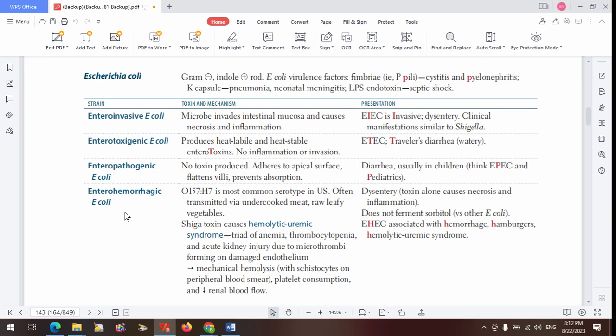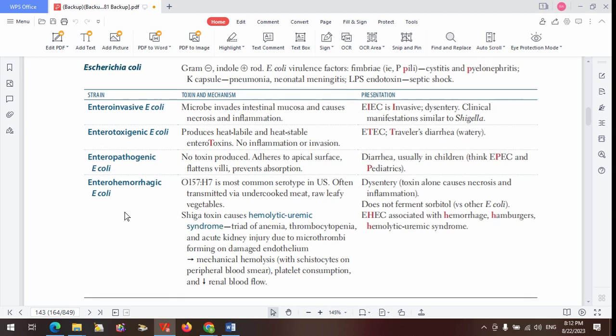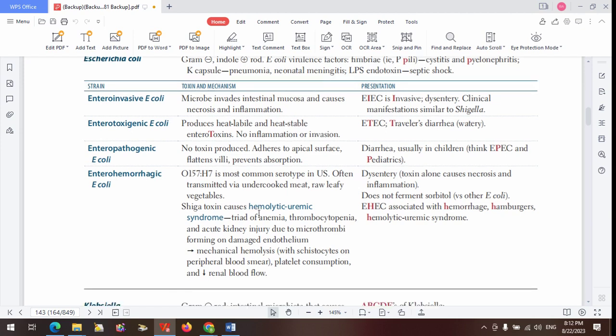There is necrosis of the cells, there is inflammation, and it brings about dysentery. So the Shiga toxin at the same time activates the coagulation cascade, which brings about the triad of the hemolytic uremic syndrome, just like we said yesterday. And this particular species of E. coli, we get it when somebody consumes raw leafy vegetables or undercooked meat, especially undercooked meat.